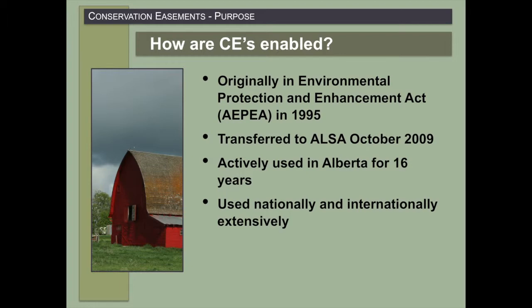But in October of 2009, that legislation enablement got moved from the Environmental Protection and Enhancement Act into ELSA, the Alberta Land Stewardship Act. So we've been doing easements in this province for about 16 years, and as I mentioned earlier, there are 9 active land trusts. We have a lot of active municipalities that also do easements.